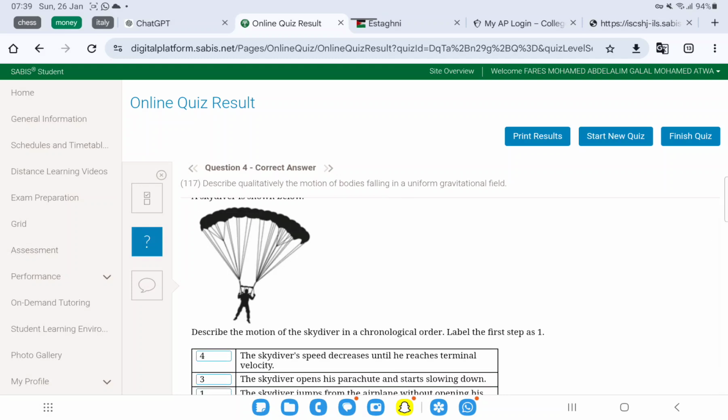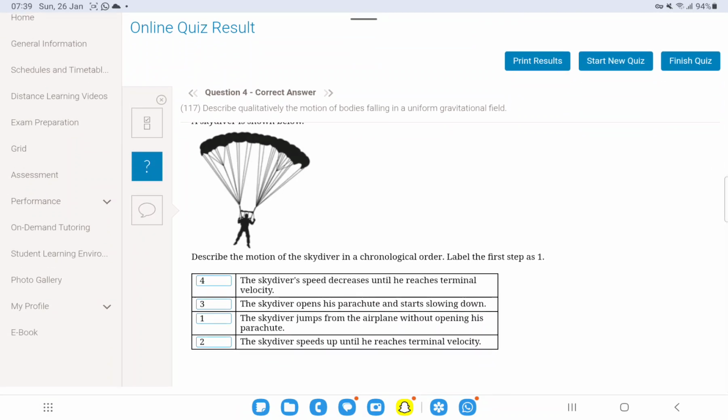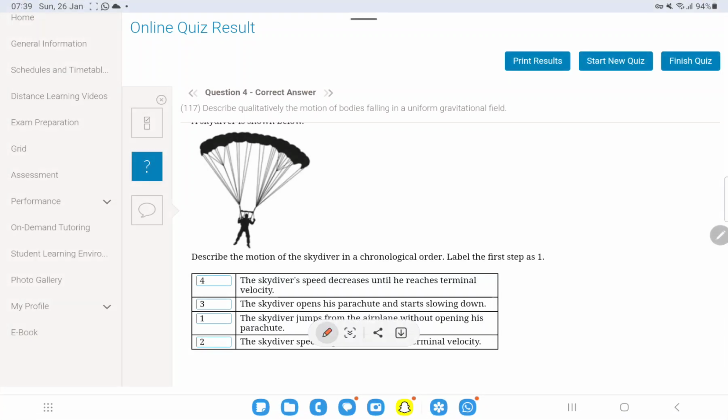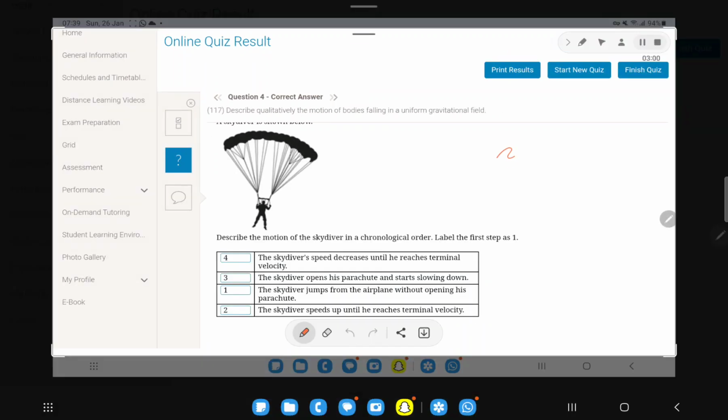A skydiver is shown below. Describe the motion of the skydiver in chronological order, labeling the first step as 1. So first, the skydiver needs to jump from his airplane without opening the parachute until he reaches terminal velocity, and then he opens up his parachute, and he'll keep slowing down and falling until he also reaches terminal velocity again.